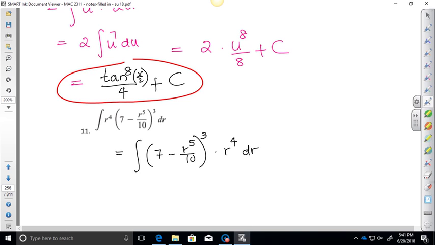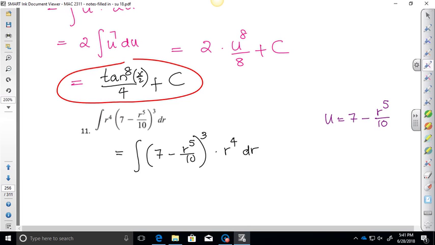What's u? 7 minus r to the 5 over 10. That is u. U equals 7 minus r to the 5 over 10.